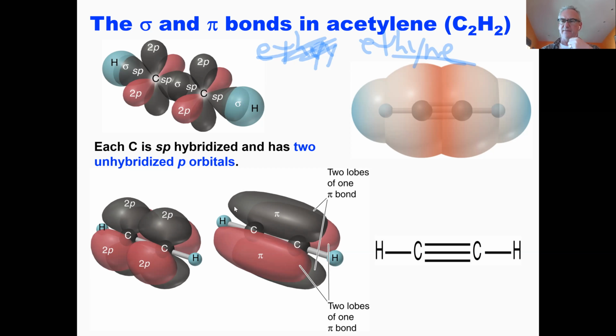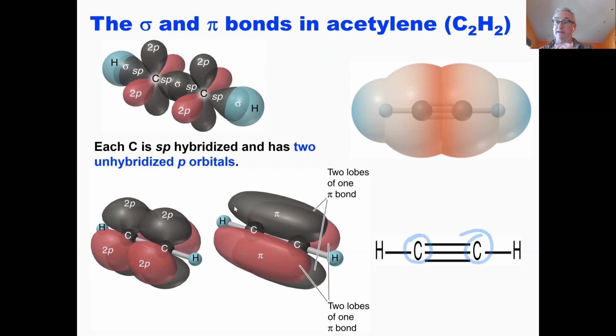So now we have two regions of electron density in between. Here's one of our carbons, here's the other one. They're each bonded to two atoms, the other carbon and a hydrogen. So there's only two regions of electron density.